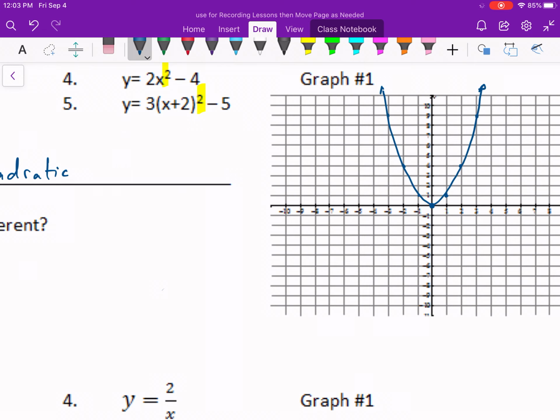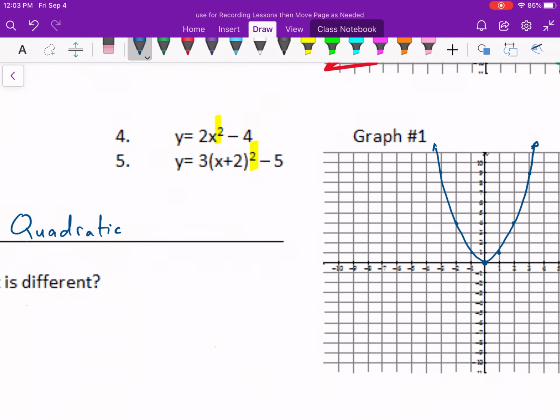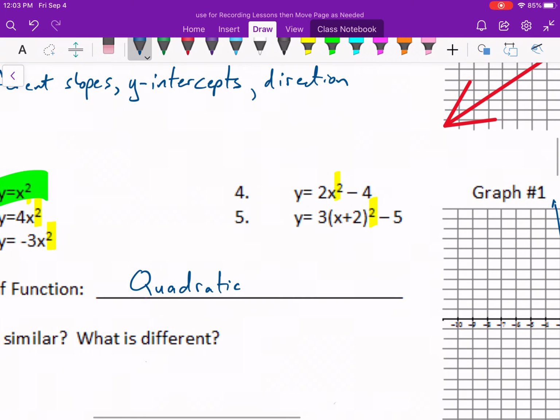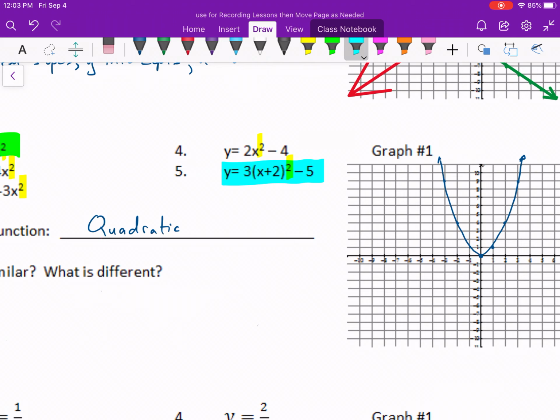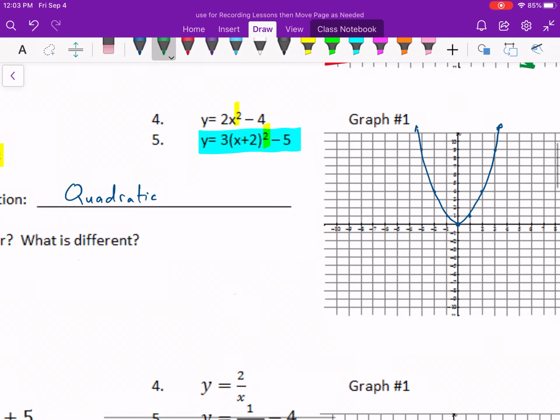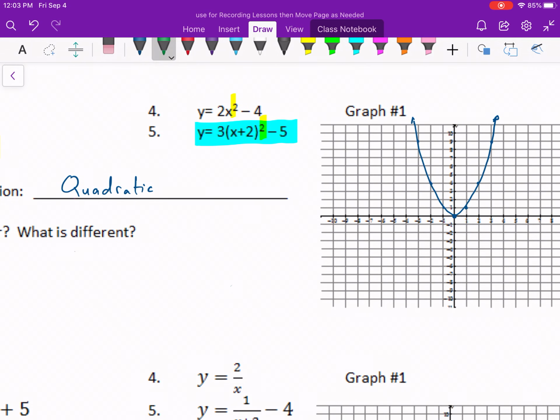If I do one other one, if I skip down to, say, number 5 here, I can tell the vertex for this one is -2, -5. Remember, you change the sign for that inside the brackets for the horizontal shift. And it's stretched by 3, so I'll multiply my step pattern by 3.